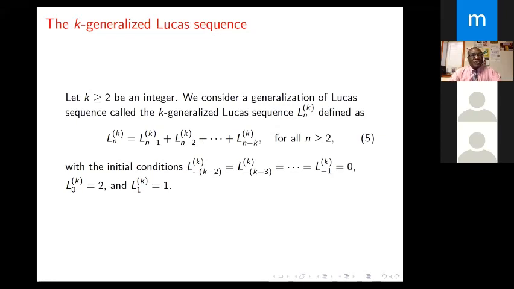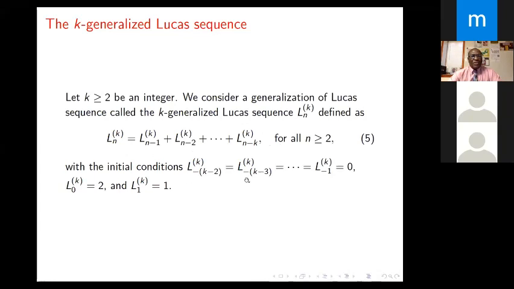If we look also at Lucas numbers, we can generalize them to obtain what we call the K-generalized Lucas sequence. How are they defined? They are defined similarly to the K-generalized Fibonacci sequence. We have a similar recurrence relationship.